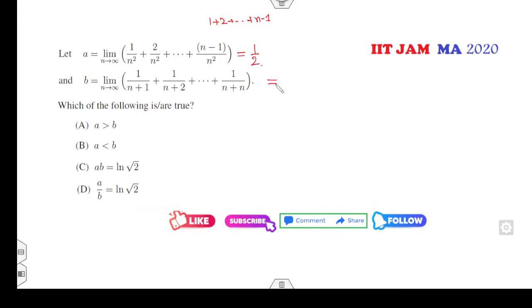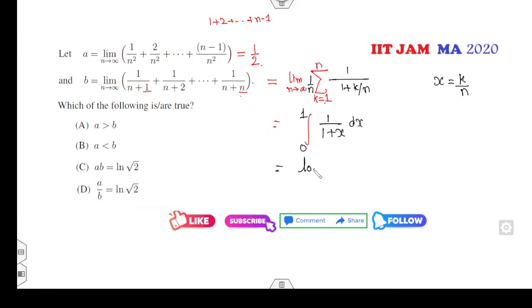Because the denominator is not the same, I can use the summation term. This is 1 over n plus k, where k varies from the first limit 1 to the last limit n. Then you can divide the numerator and denominator by n. I can write n over n plus k as 1 over 1 plus k over n. Then substitute x as k over n. 1 plus x. The limit is when k is equal to 1, and as n approaches infinity, 0.